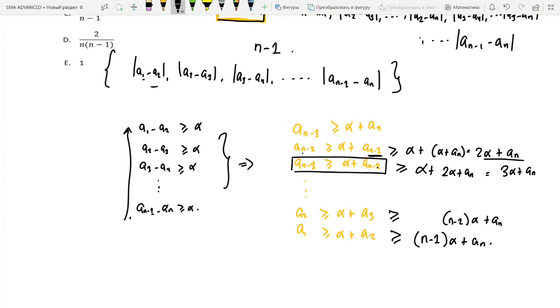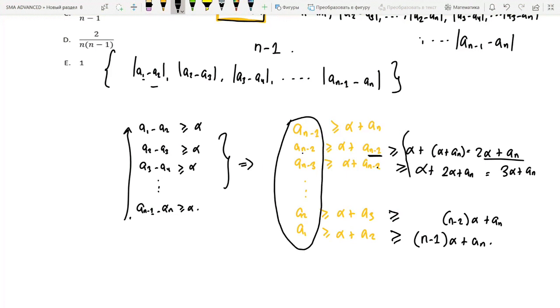So from here, what can we do next? What we can do next is we can add all these terms at the beginning of the inequality. So the sum of all this will definitely be greater than equals to the sum of all these having alphas and AN. So when we add all this together, what do we have?